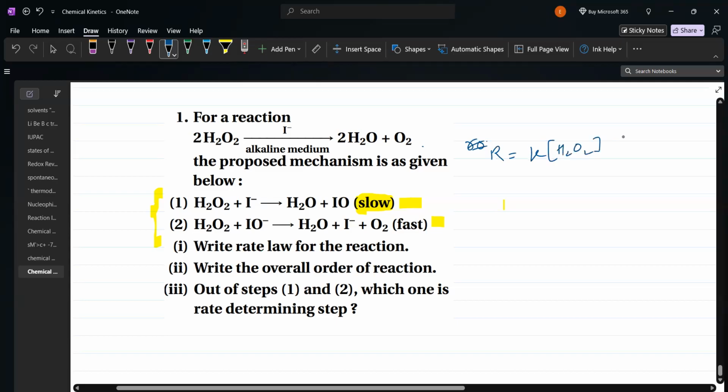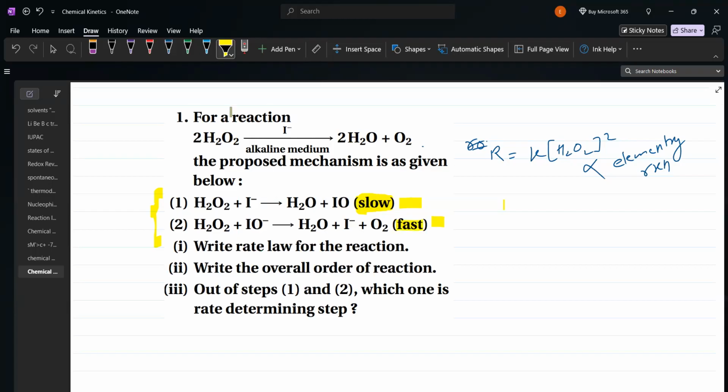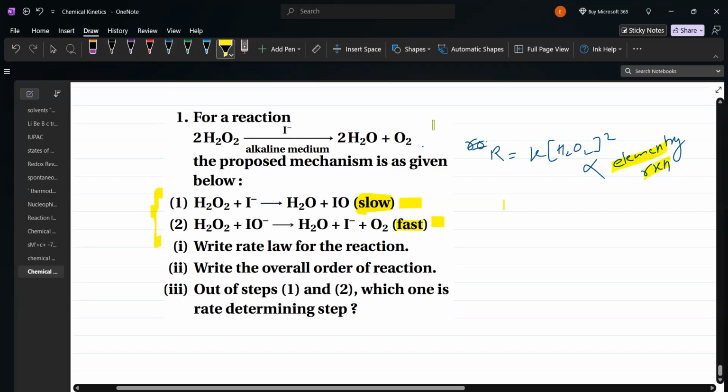Why? Because this is not an elementary reaction. How can we say that this is not an elementary reaction? Because the teacher has given the question such that one reaction is slow and one reaction is fast, and that is how this reaction takes place. Have you understood how this is not an elementary reaction, Rishita?